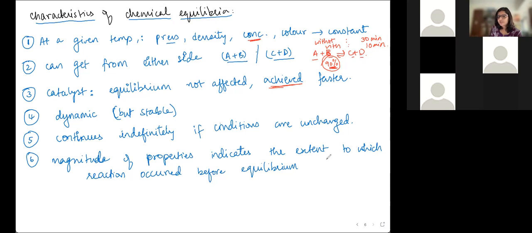So as you measure the concentration, it indicates how much reaction has happened before the equilibrium, because once equilibrium is achieved, that number will remain constant. If reactants and products are gaseous, then you can track it using pressure. Color is another thing: if the reaction changes color, then you can track that change from lighter to darker or darker to lighter.